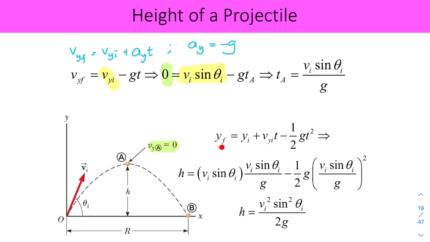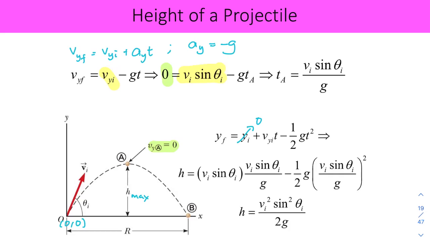And so in terms of Y final, the maximum height, it is equivalent to this. Here is 0. Why is it 0? It starts from the origin, 0, 0.